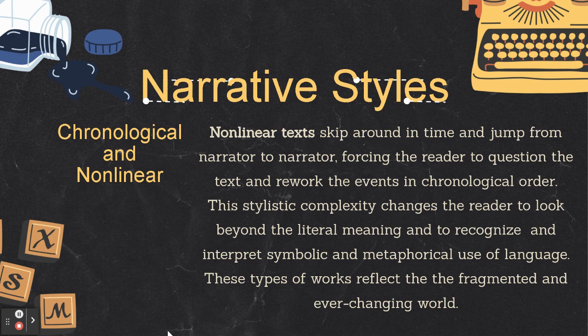This stylistic complexity challenges the reader to look beyond the literal meaning and to interpret symbolic, metaphorical use of the language. These types of works reflect the fragmented and ever-changing world.